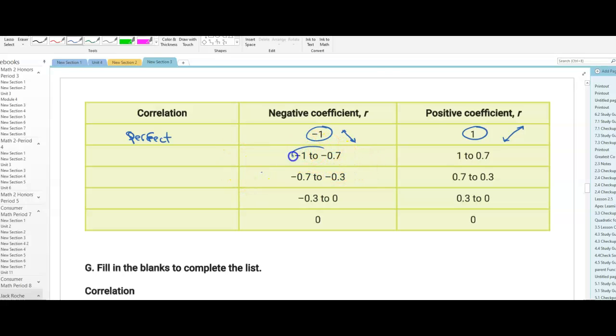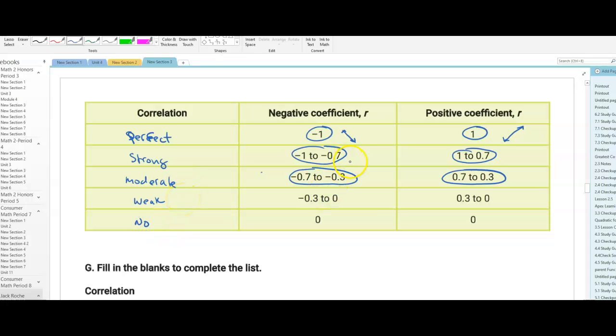Now, if your R value is between -1 and -0.7 or 1 and 0.7, that means it's a pretty strong relationship. Now, if we tick down and get a little closer to 0 here, so between 0.7 and 0.3, right? That's a moderate. That means it's close, but not really close. And the closer we get to 0, the weaker we get. Okay? And if your R value is 0, that means there is no correlation.